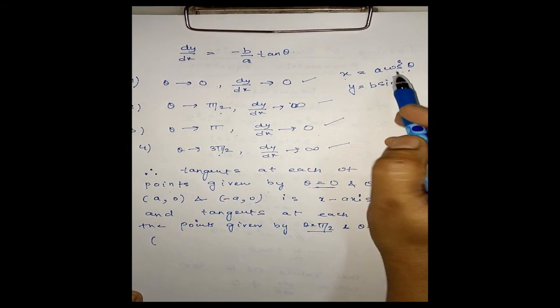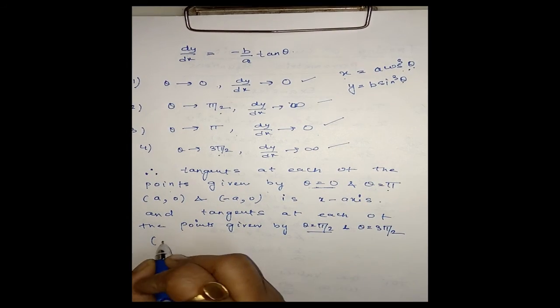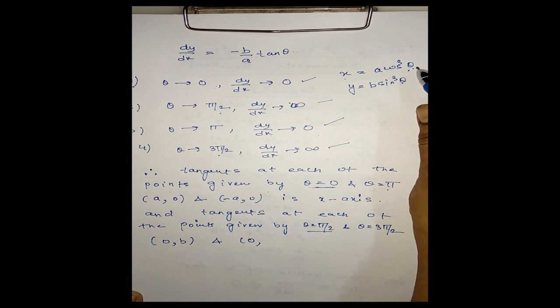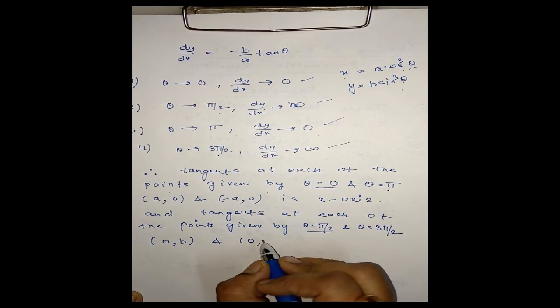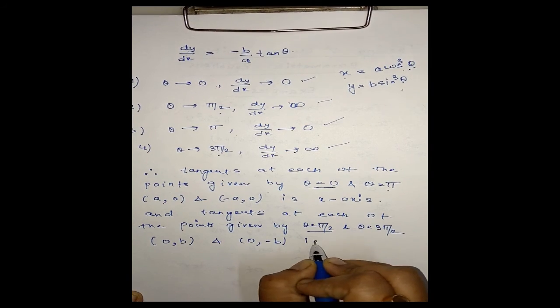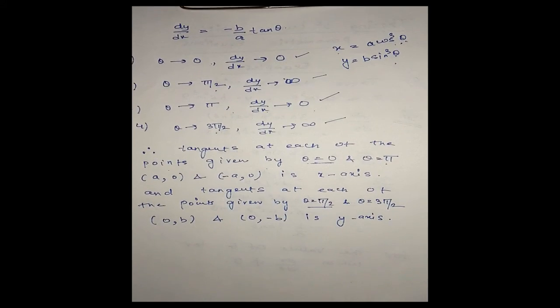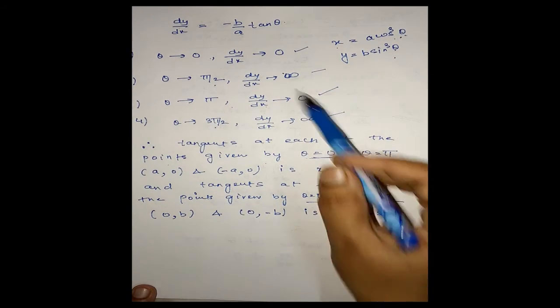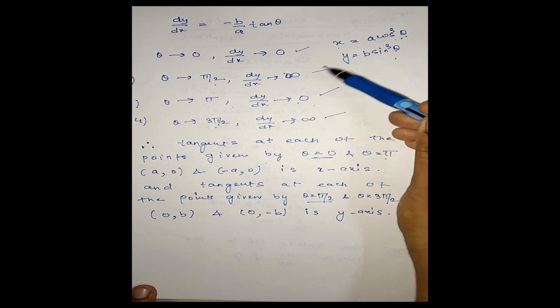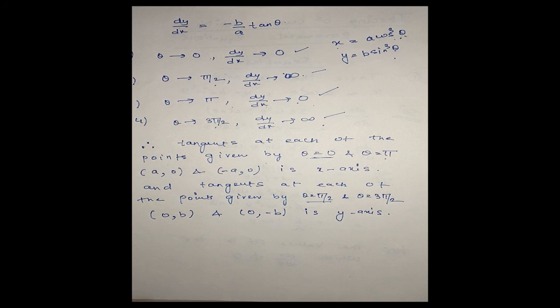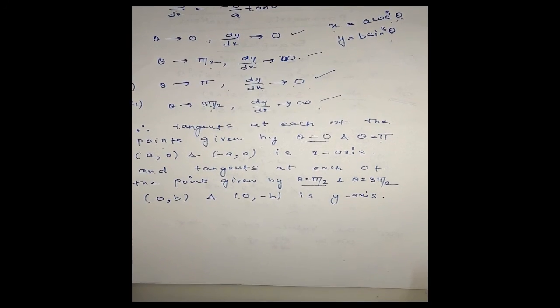When theta is pi by 2, x is 0 and y is b, that is (0, b), and at 3 pi by 2, the point is (0, minus b). At these two points tangents are parallel to the y-axis. So at these two points tangents are parallel to the x-axis and at these two points tangents are parallel to the y-axis. In the next step, we have to construct the table.